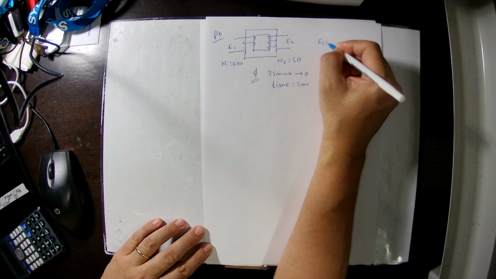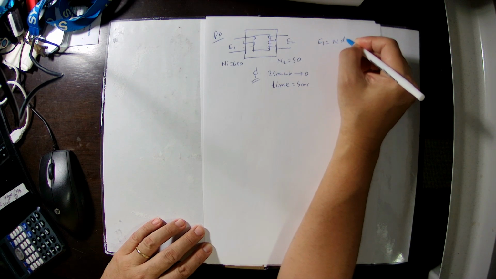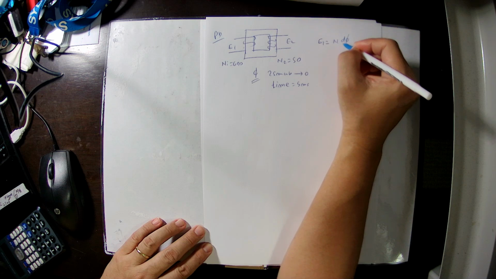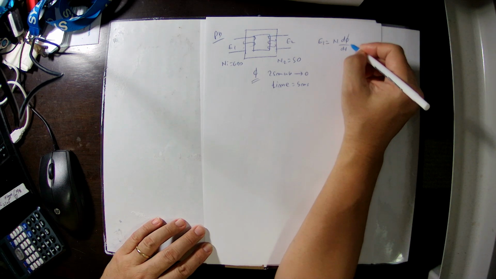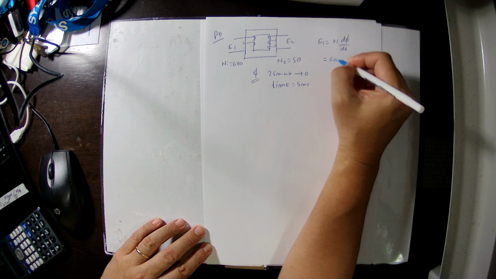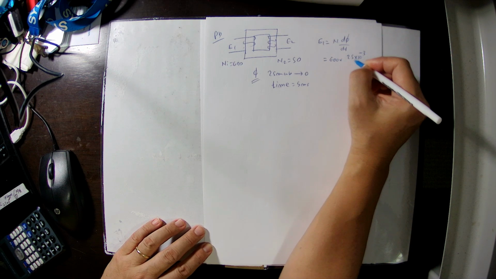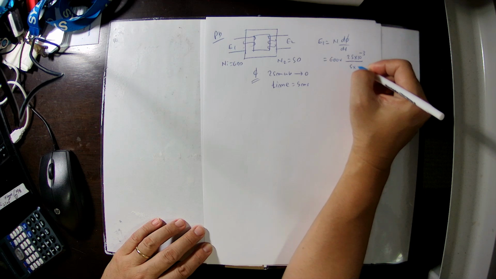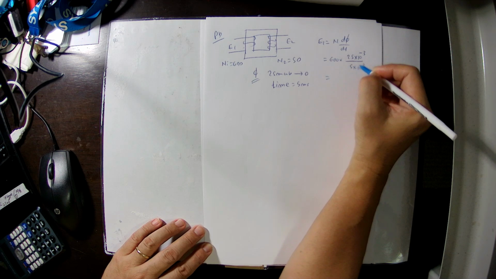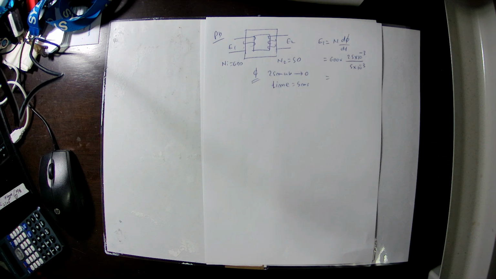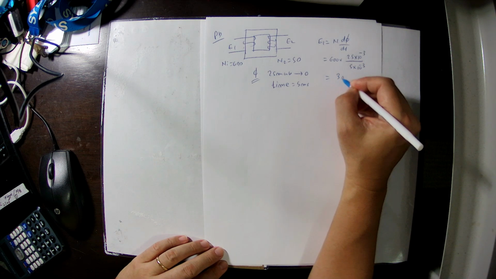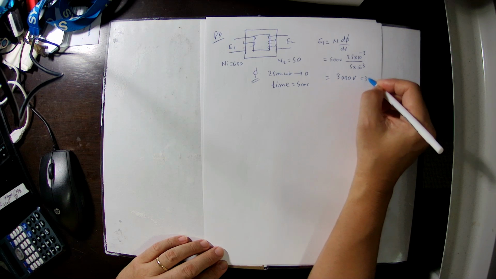E1 equals N dΦ by dt. N is 600. The flux change is 25 into 10 power minus 3 over 5 into 10 power minus 3, so the voltage will be 3000 volts, or 3 kV.